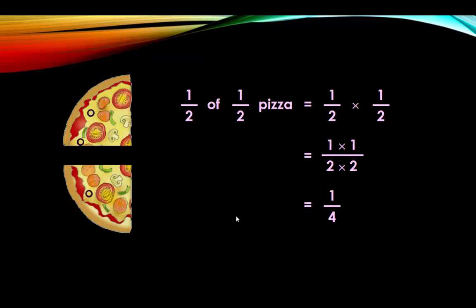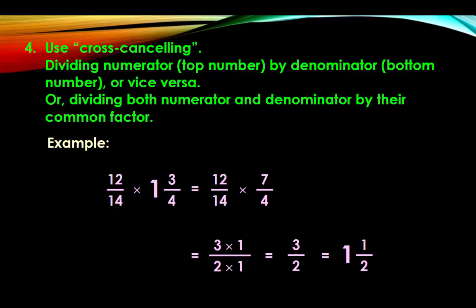For the last tip, we can use cross-canceling in multiplication of fractions. Okay. Cross-canceling means you divide the numerator, or the top number, by the denominator, or the bottom number, or vice versa. You divide the denominator, or the bottom number, by the numerator, or the top number.